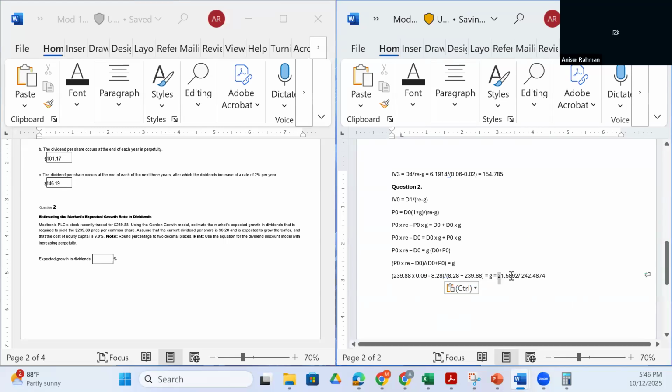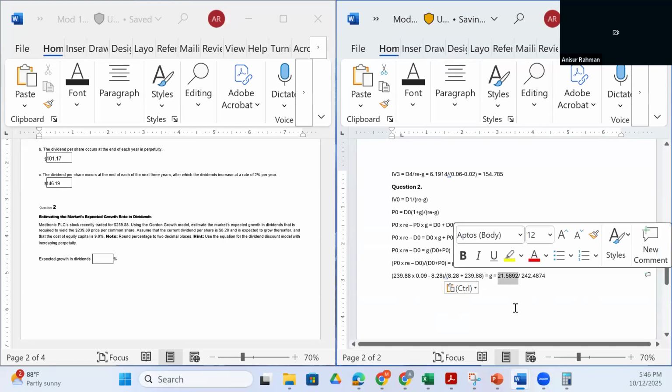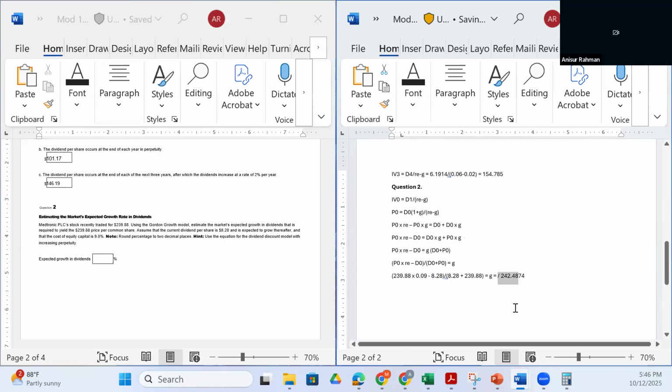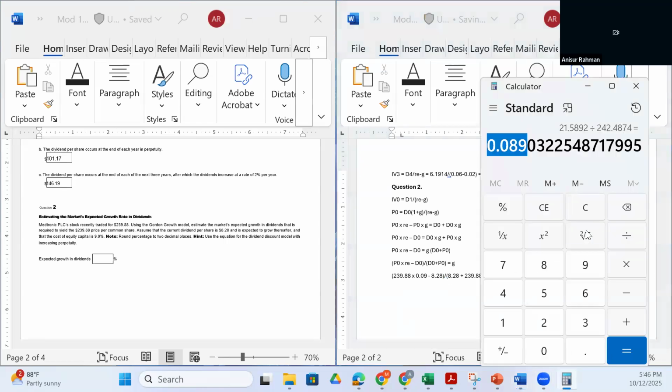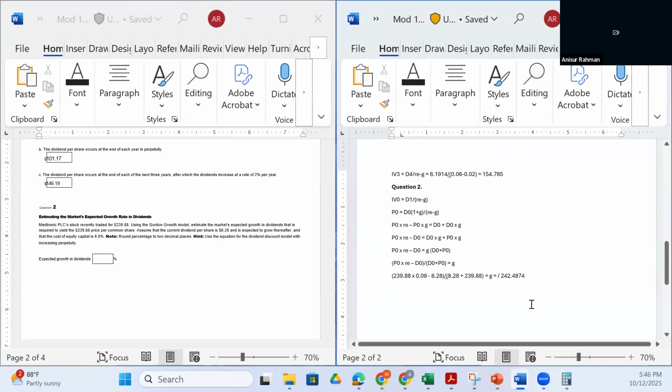So let's do this again. Our numerator is wrong. So we have to subtract 828. Let's see now, and then divide by this number.